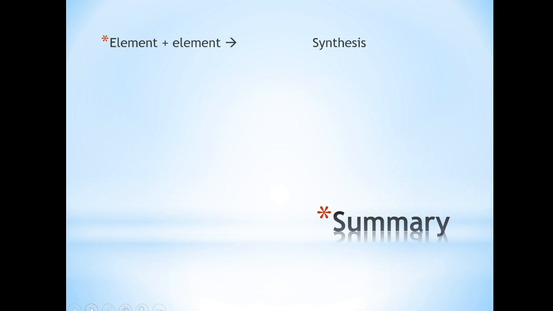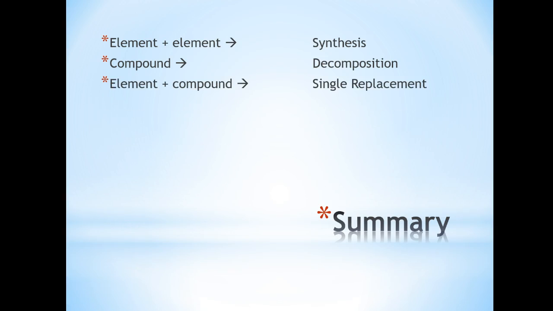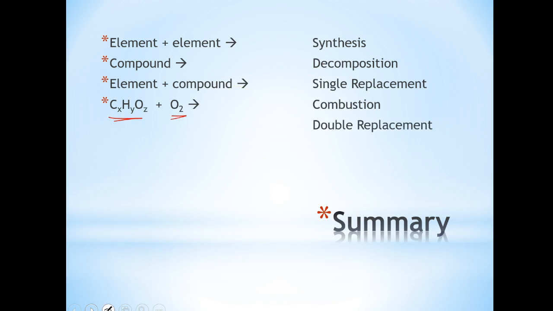So, quick summary, element and element is synthesis. A compound all by itself is decomposition. An element and a compound is single replacement, keeping in mind that if you have this element and this kind of a compound, it's called combustion. And then acid has an H in front, OH at the end is acid-base.